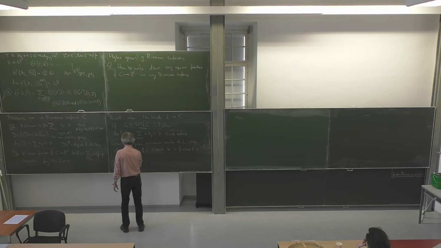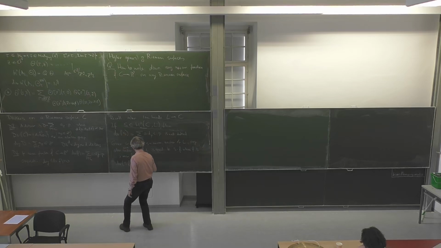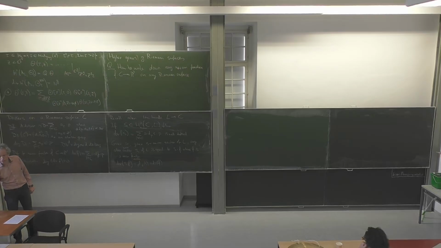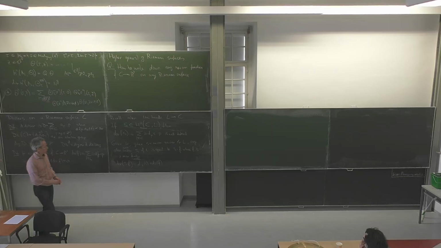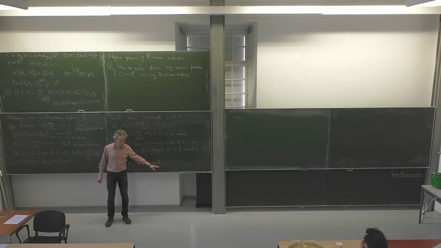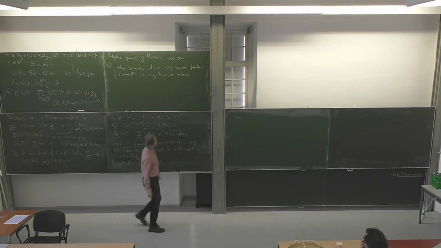So the divisor of S times F is the divisor of S plus the divisor of F. More generally, it doesn't matter that F was a function, F could have been a section of some other line bundle for all I care. So what this tells you is that for any two meromorphic sections of a line bundle, their divisors differ by a divisor of a meromorphic function.